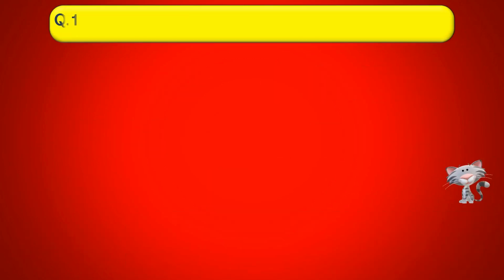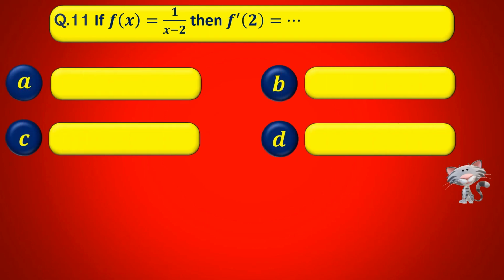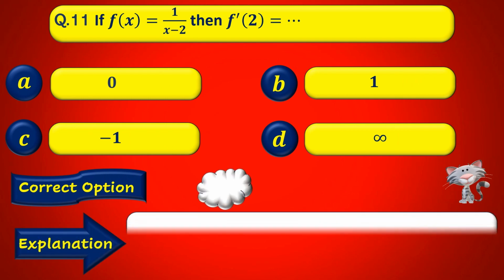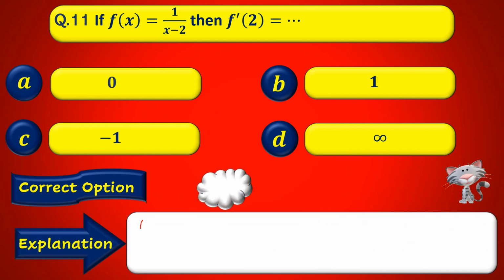Question number 11. If f(x) is equal to 1 over x minus 2, then f dash 2 is equal to. The options are given, but what is the correct option? Let's explain. The given function is f(x) equal to 1 over x minus 2. It can be written as f(x) equal to (x-2) raised to power minus 1. Apply the power rule and take its derivative, and it becomes minus 1 into (x-2) raised to power minus 2 into the derivative of x minus 2.